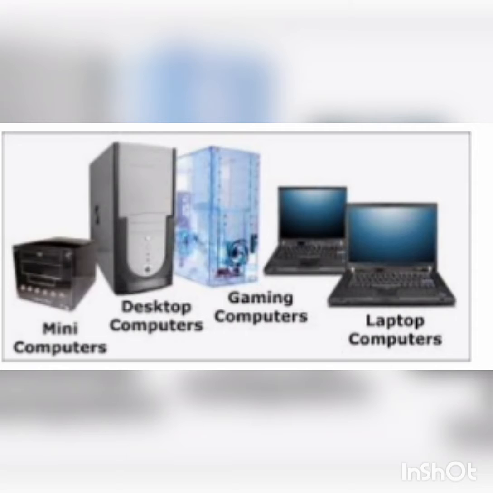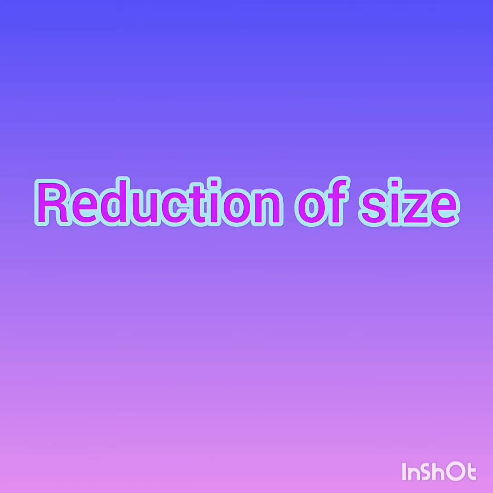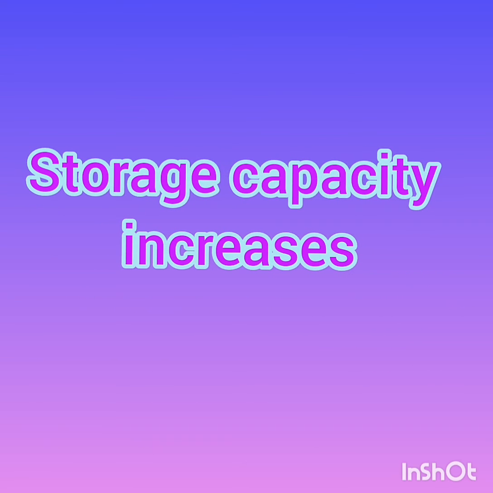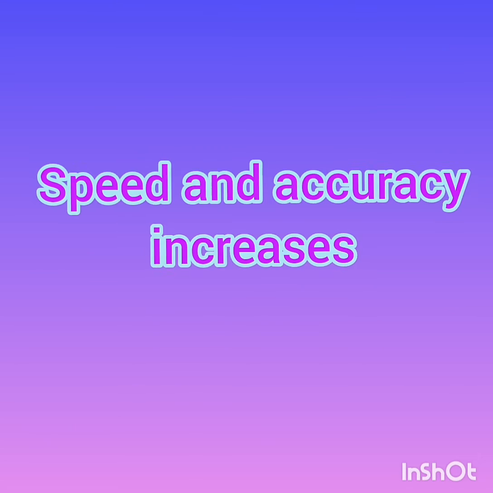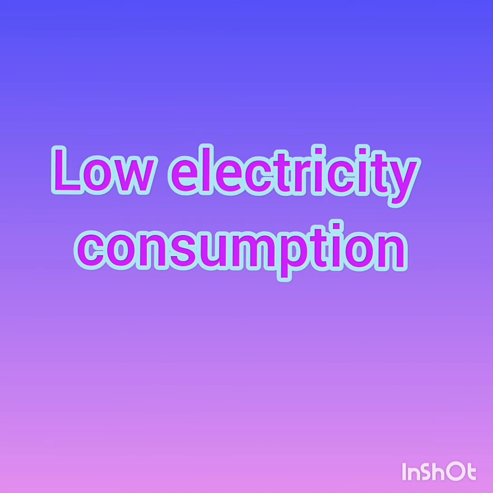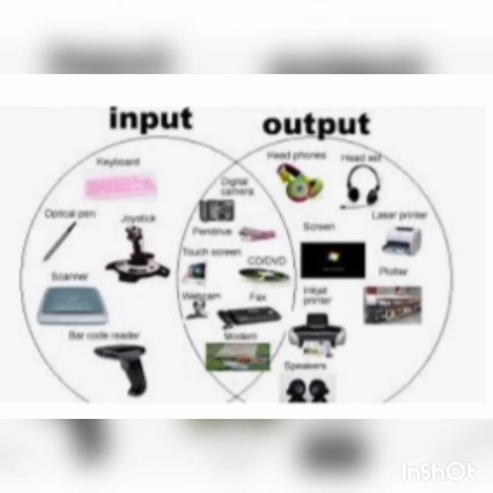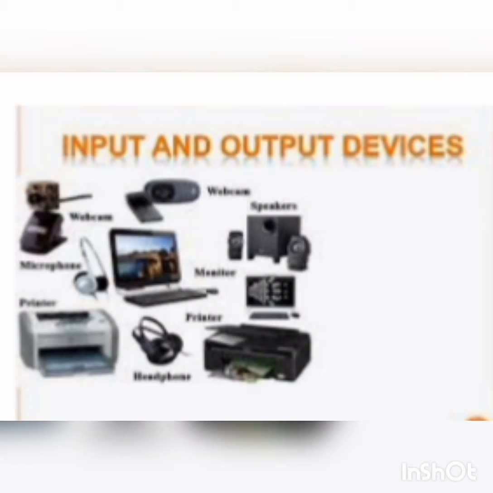What other changes do you observe? Reduction of size, storage capacity increases, speed and accuracy increases, low electricity consumption, etc. are the changes. Have you ever thought what process goes on in a computer when it works?